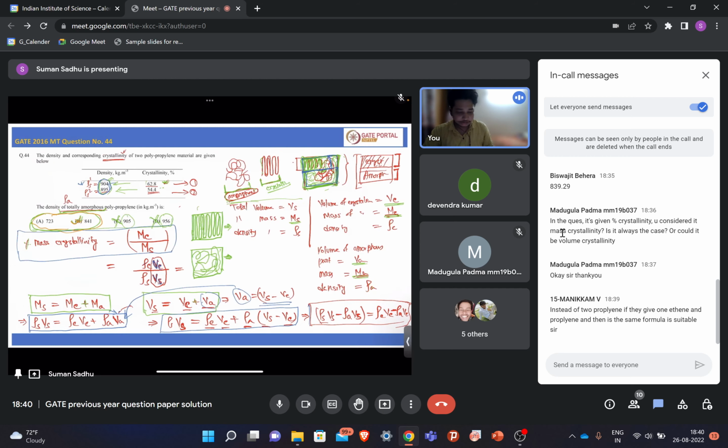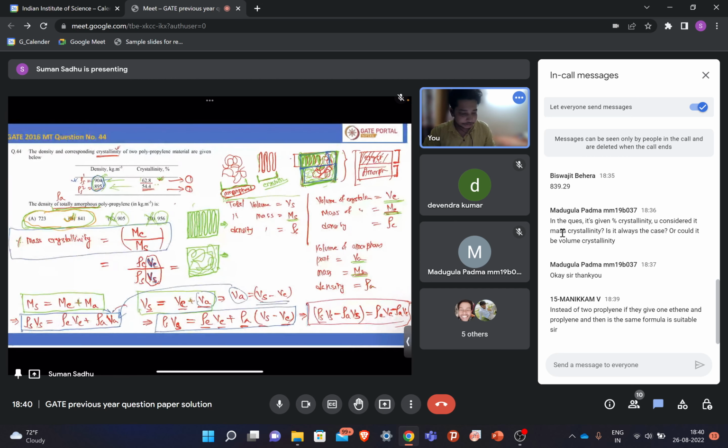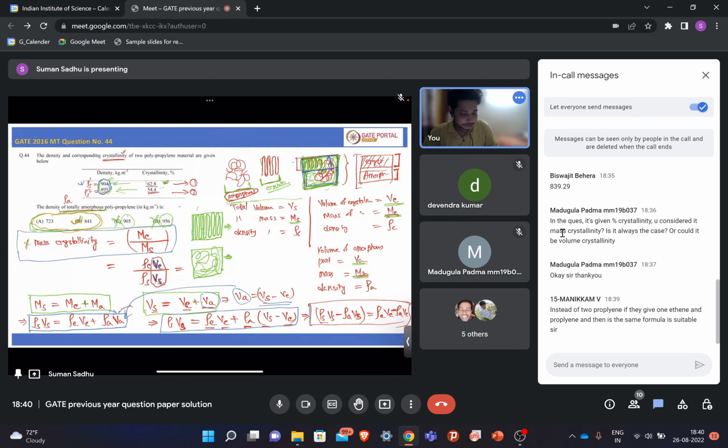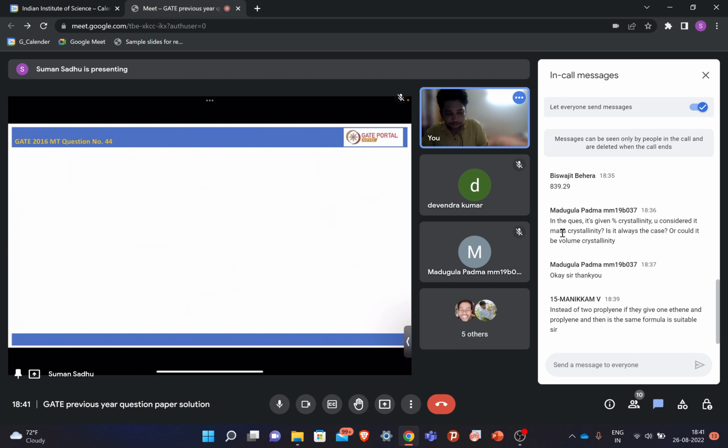You can use the same approach as what you were saying. Let's say one part is polypropylene and the other part is ethylene. Let's say this is a block, and the volume of this part is V polypropylene, and the volume of this is V ethylene. So in this way, it is a mixture of these two different polymers, right? This is what you are asking, right?